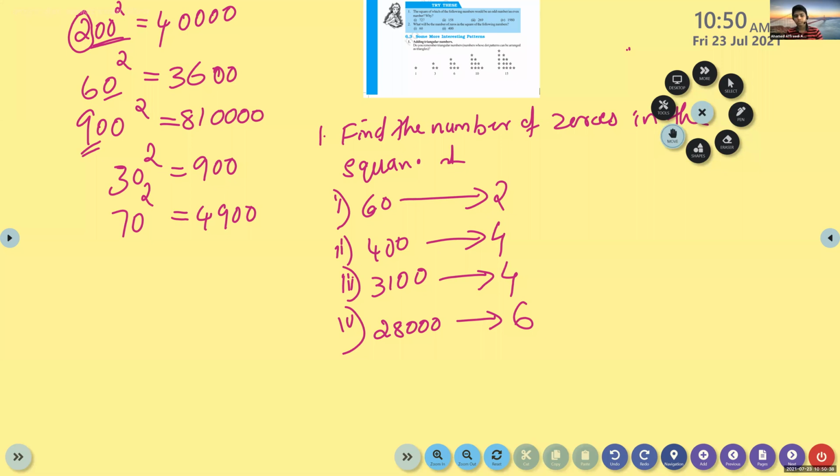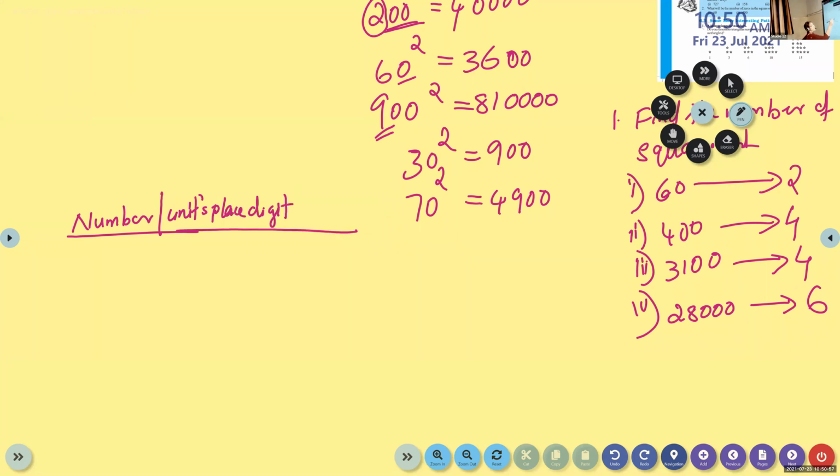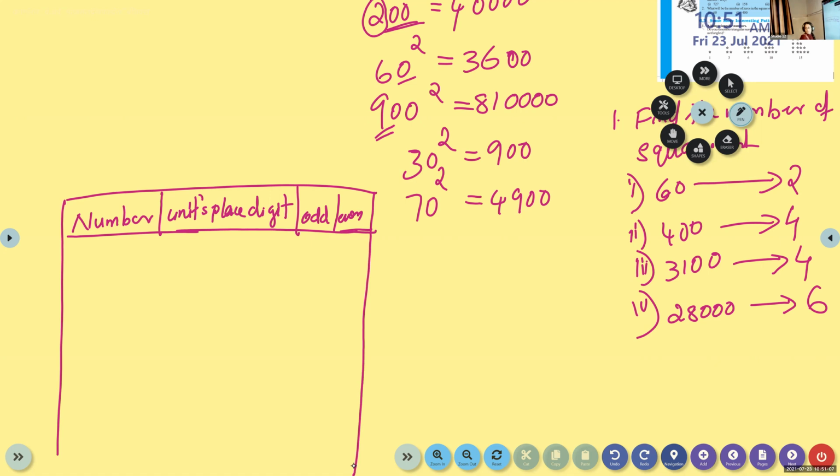Okay, now next, I'm giving a number and you have to say, by finding the unit place digit, whether the square number is odd or even.